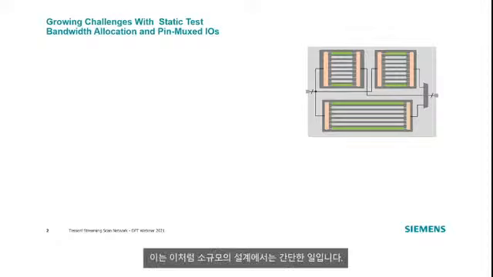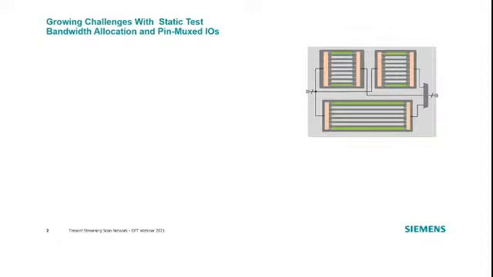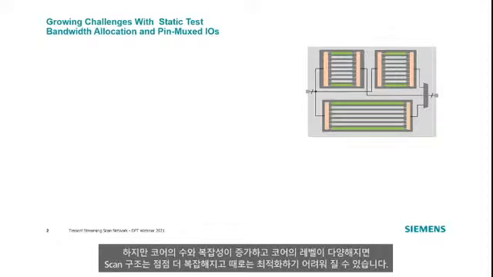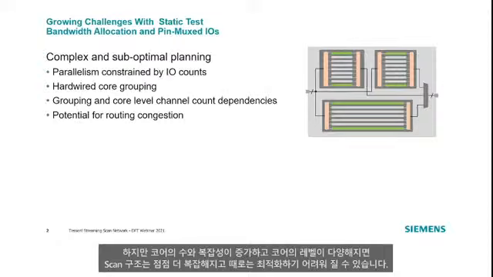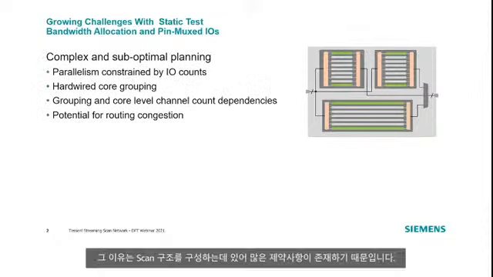This is straightforward for a small design like this, but when the number of cores grows and when the complexity of the cores grows and when we get multiple levels of cores, this becomes more and more complex and sometimes suboptimal. And the reason for that is a lot of the constraints that we have to deal with.